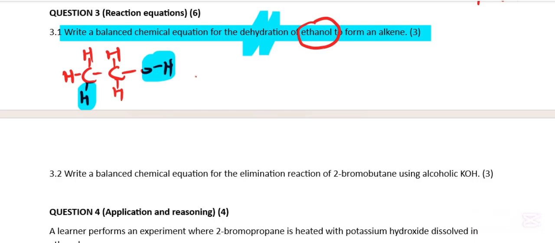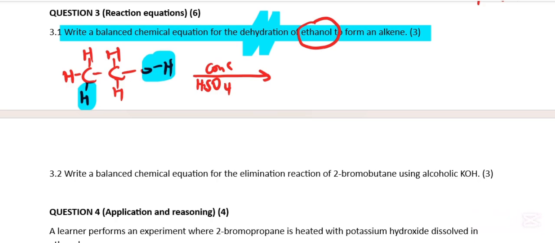The reaction will need concentrated sulfuric acid, H2SO4, and heat.